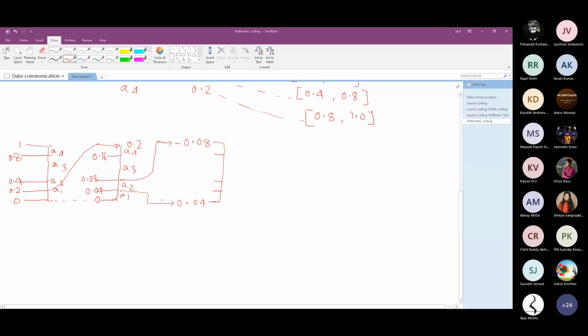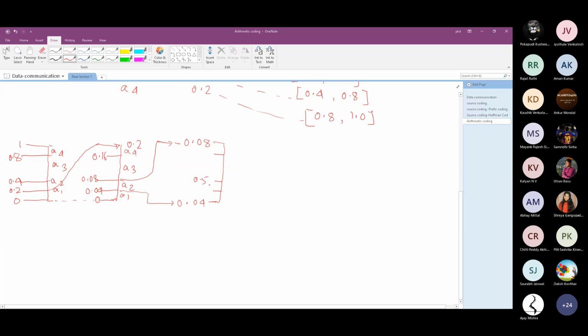So 0.08 multiplied by 0.2, that is 0.016. So this also will be divided in that same ratio, right? Yes, in the same ratio.